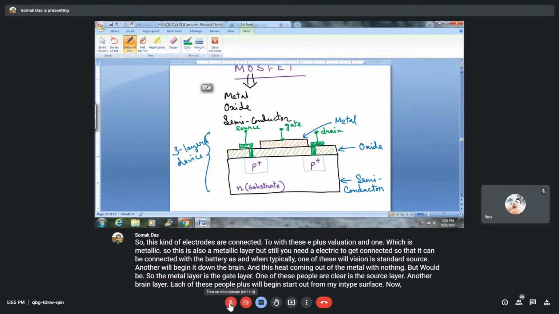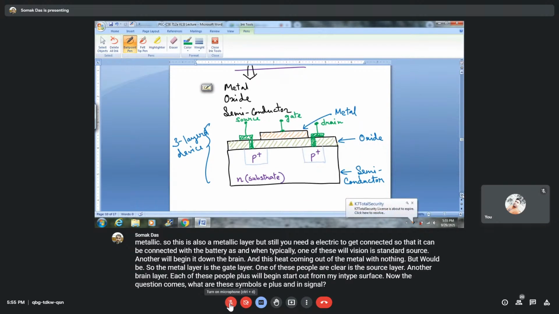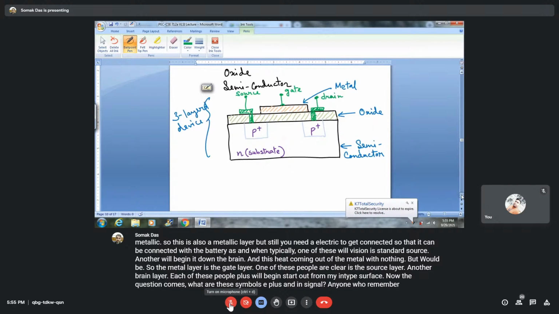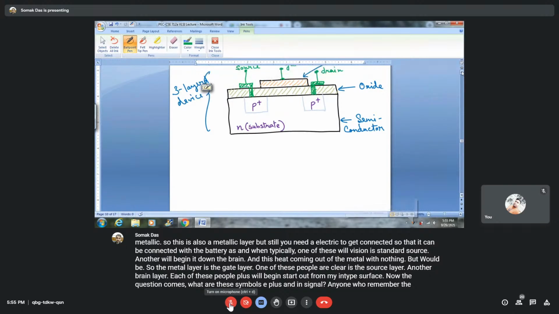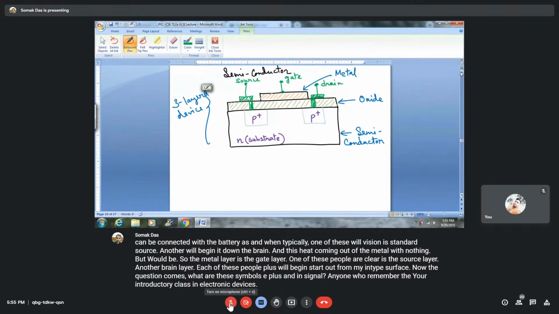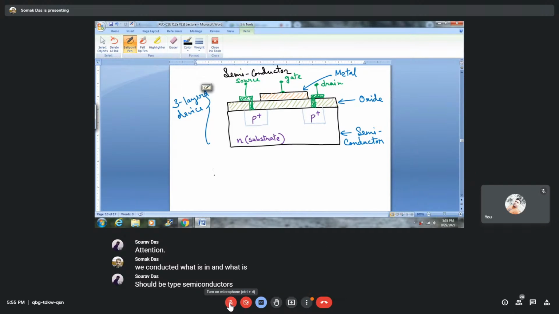Now the question comes, what do these symbols P plus and N signify? Anyone who remembers from your introductory class in electronic devices, or maybe class 11, 12 high school semiconductor physics? What is N and what is P? Sir, P-type semiconductors and N-type semiconducting material. Yes? What do you mean by that?